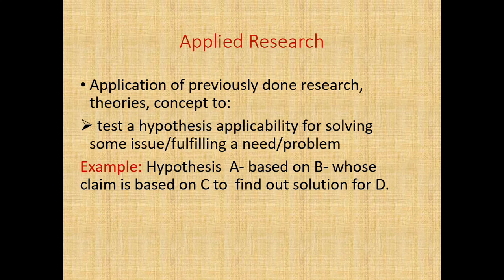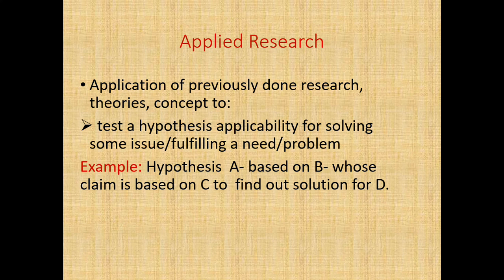That previously done something is either a research, a theory, a strategy, a concept, or a hypothesis, and its applicability is for solving some practical problem, or fulfilling a need, or finding a solution for a problem. So this is the concept, or purpose, of applied research.